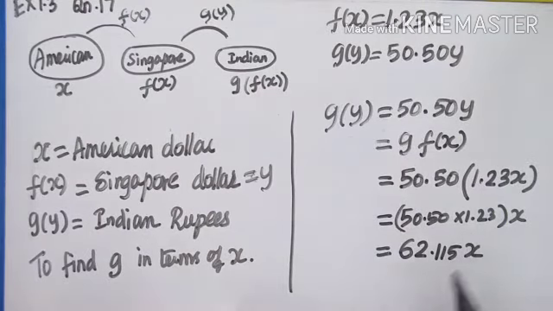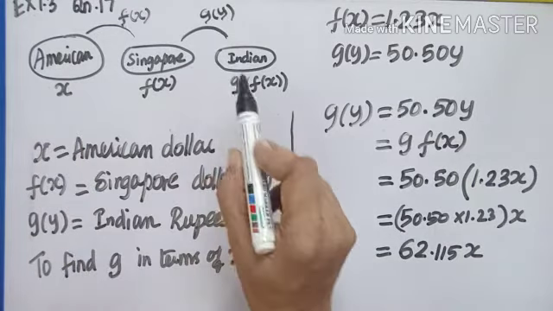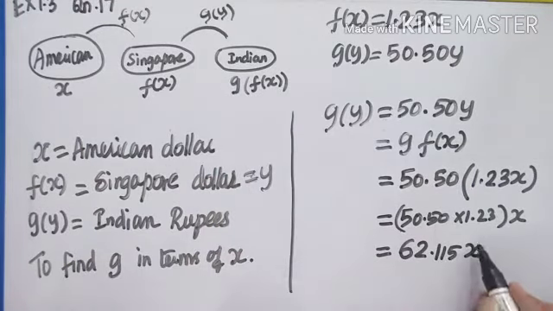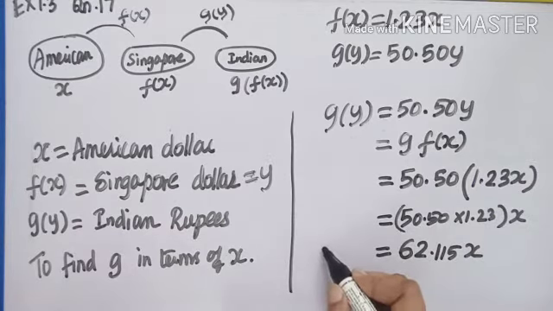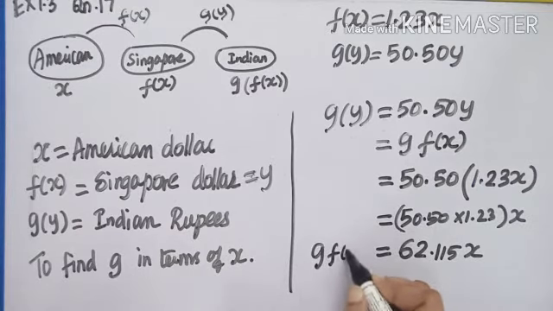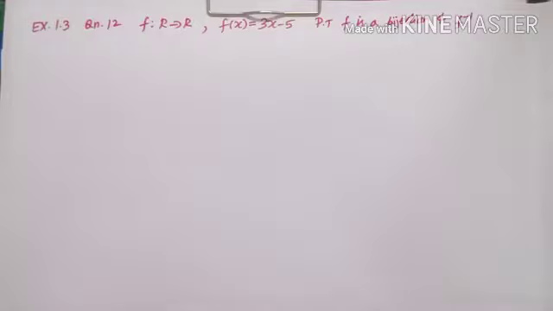As we multiply, we get 62.115x. So on a particular day, if you want to convert an American dollar to Indian rupees, x is the American dollar, Indian rupees will be 62.115x, and that is the answer. So this is g(f(x)).